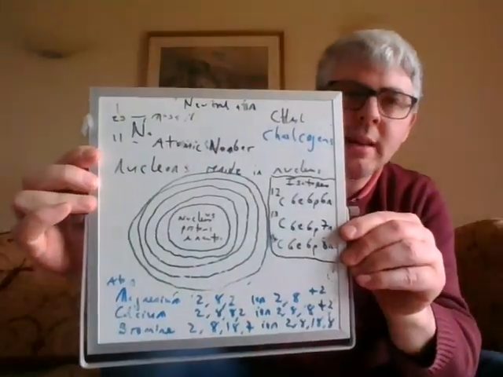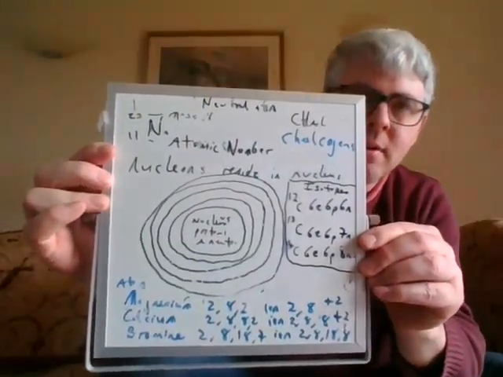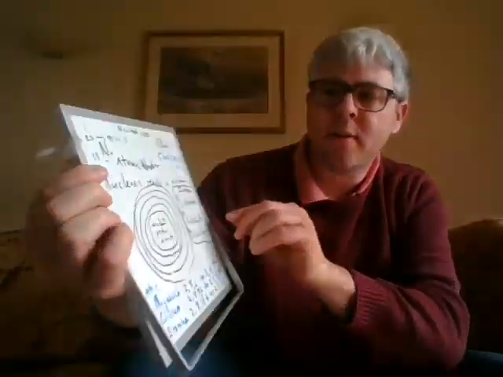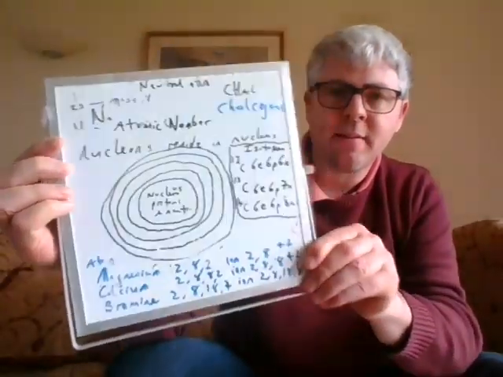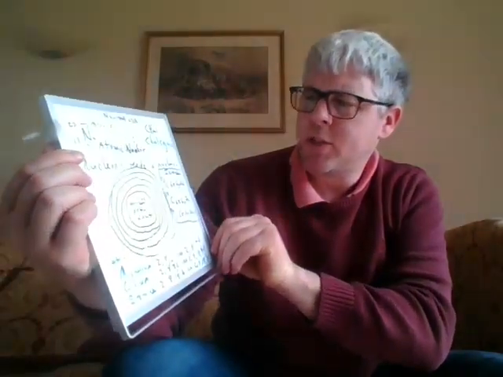Before I leave you today, I'm going to show you something here. I've put here that the nucleus contains the neutrons and the protons, and that has an overall plus charge, because the protons are positive, as I've already mentioned.